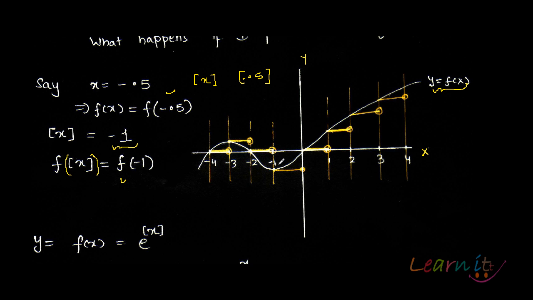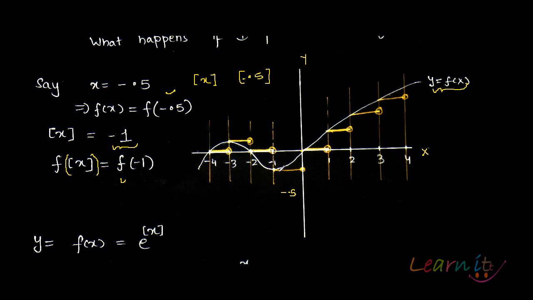Now what will happen between 0 and minus 1? As I said, if minus 0.5 lies somewhere here, then the f value is equal to f of minus 1.